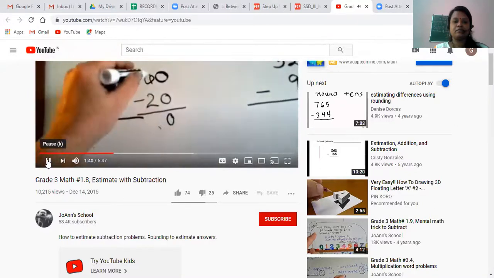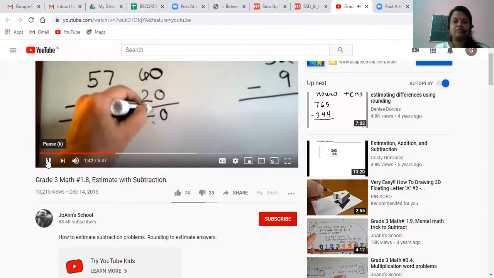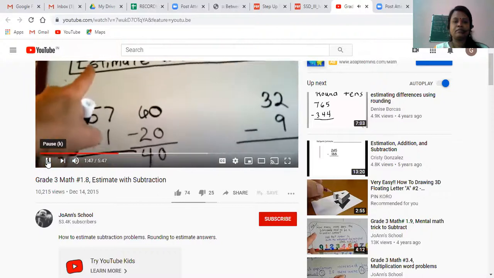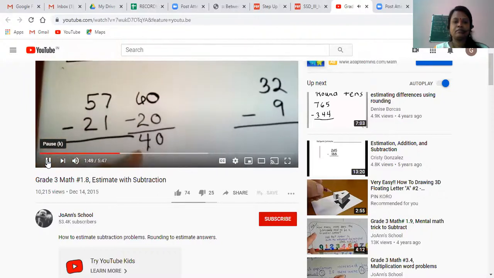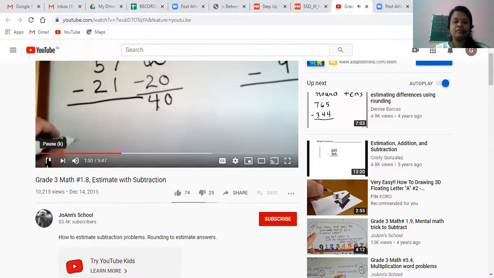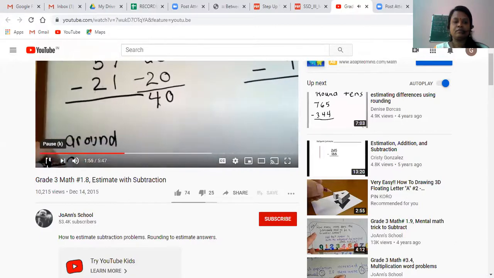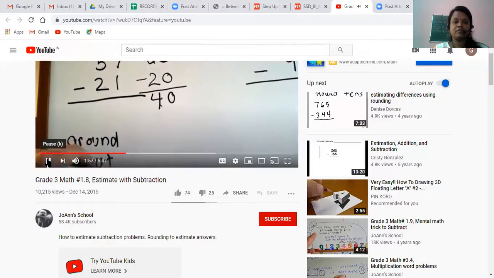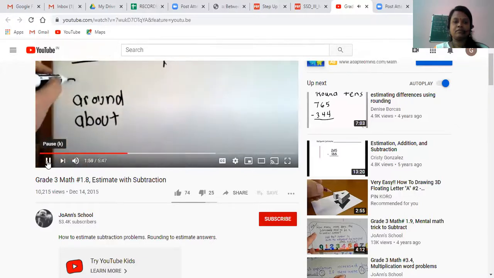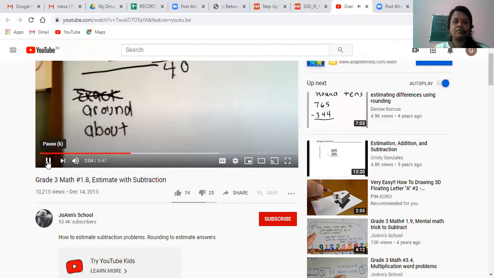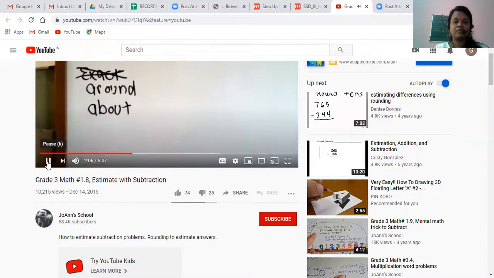We'll put our 0 here. 6 take away 2 is 4. So the answer is around 40. It's estimated to be about 40, okay? It's around that number. It's about that number. It's not exact, okay? It's around or about that number.